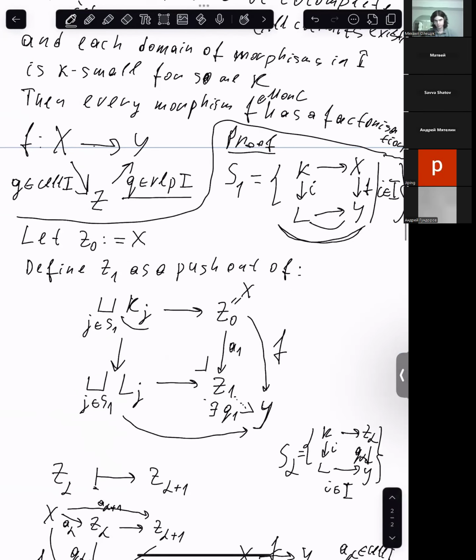I'll just add that this is a very important theorem, and it's due to Quillen. It's one of the main ingredients of why model structures actually work.